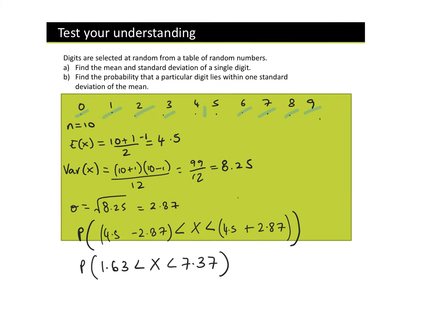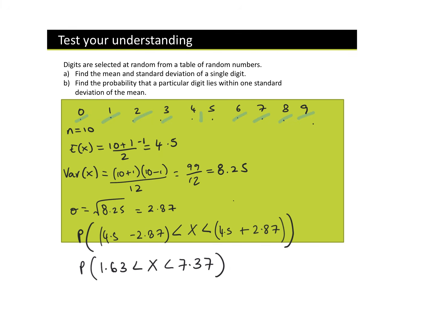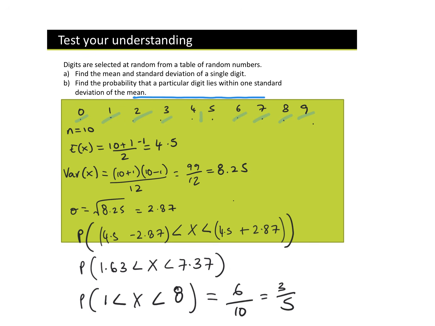Now, as we know, if we look at this in terms of whole numbers, it's not going to be quite including 1, because it will include 2. And also it's going to be less than 8, but it will include 7. So when we're looking for our probability, what values are between 1 and 8? 2, 3, 4, 5, 6, 7. So that's a total of 6 out of 10 possible values, which is 3 out of 5.